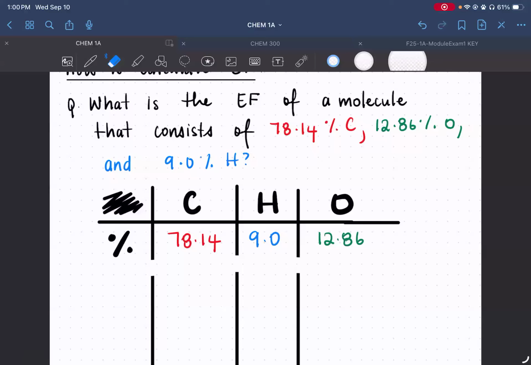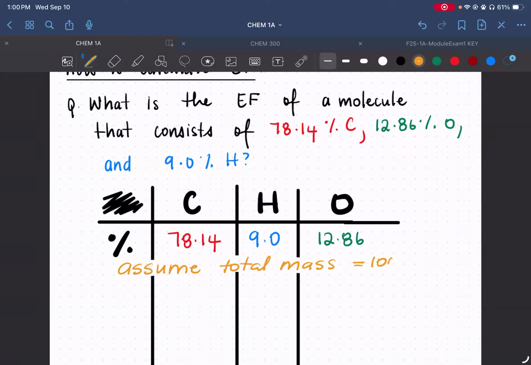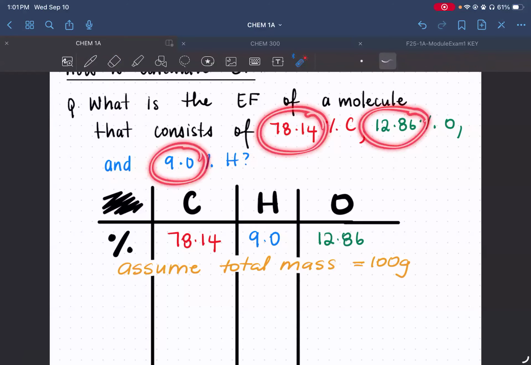The next thing we're going to do is assume the total mass is 100 grams. This is an assumption we make because if we add up all of the percentages, 78.14 added to 12.86 added to 9, you would get 100%.